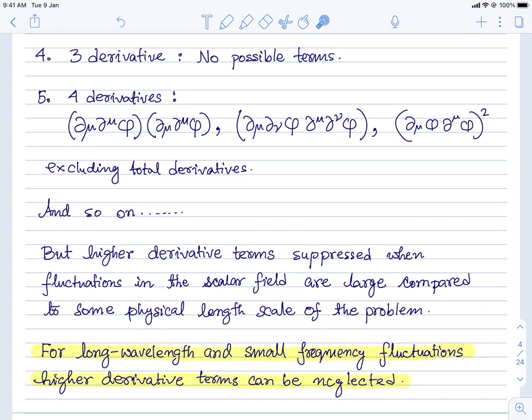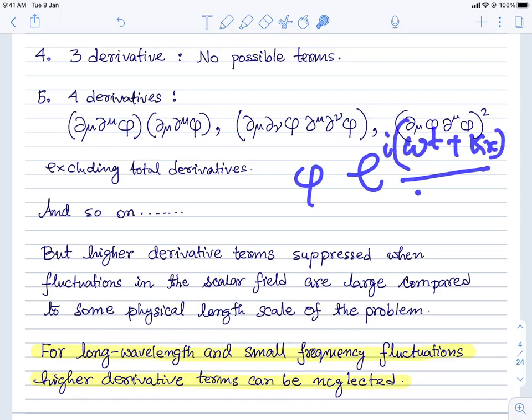So basically, if the fluctuations are such that the frequency and the wavelengths are long compared to some intrinsic length scale in the system, then these higher derivative terms are suppressed. Because as you can see, a derivative will bring down a factor of omega or k. Let's say phi is something of the form e to the power i(omega t plus k x). Then a derivative is going to bring down factors of omega or k.